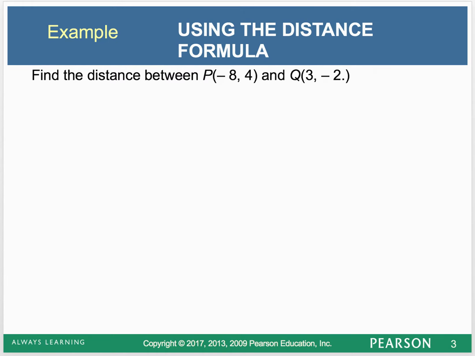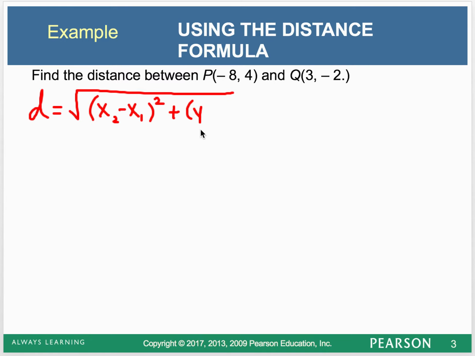Okay, we want to find the distance between these 2 points. So I've got to know my distance formula. Okay, and if I need to use that Pythagorean theorem to help me remember it, that's fine. A squared plus b squared. Okay, so I'm just going to plug in to find the distance here.